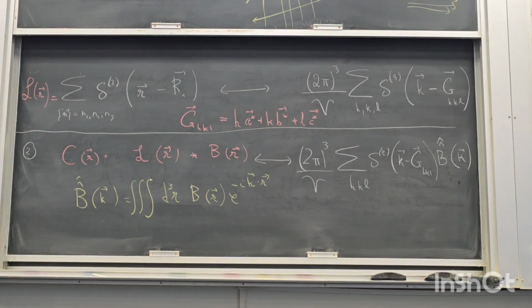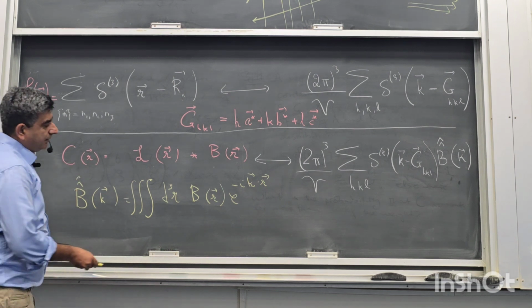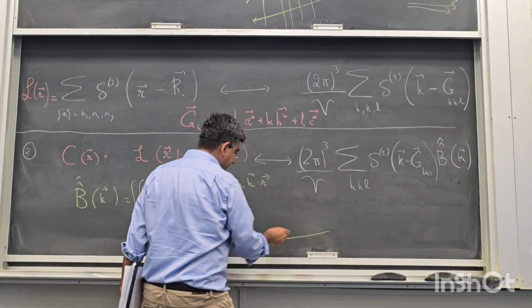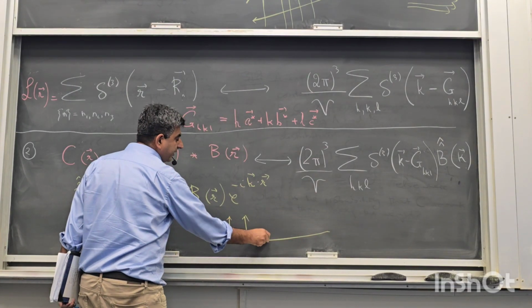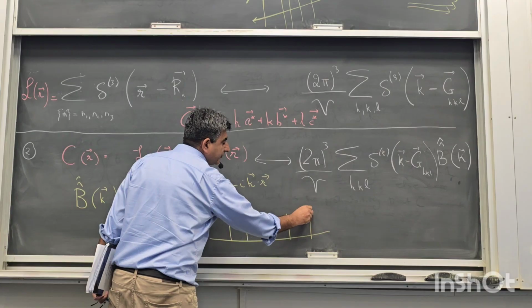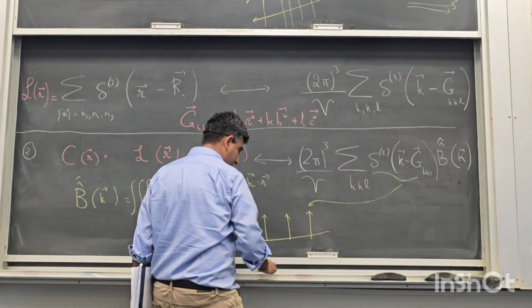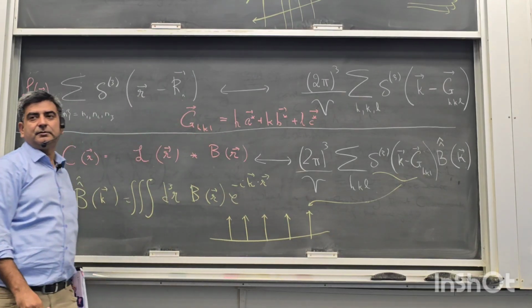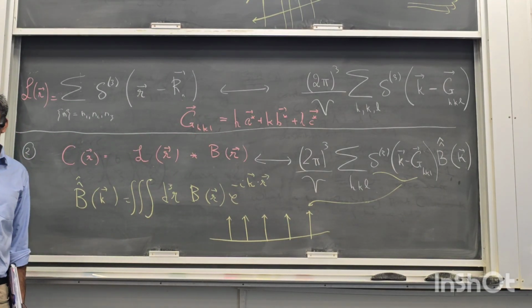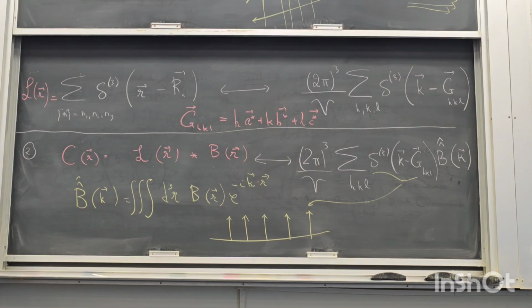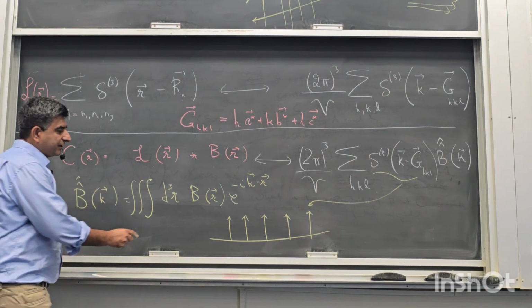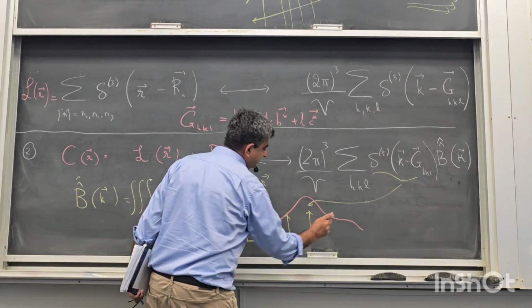Okay. So what this really means, if I look at this from a graphical perspective, is that I have the reciprocal lattice points, the train of Dirac functions. I'm just drawing this in 1D. This is this function over here. The basis will have some Fourier transform. The basis is smaller than the size of the crystal, so it has a large Fourier transform. Suppose that Fourier transform is something like this.